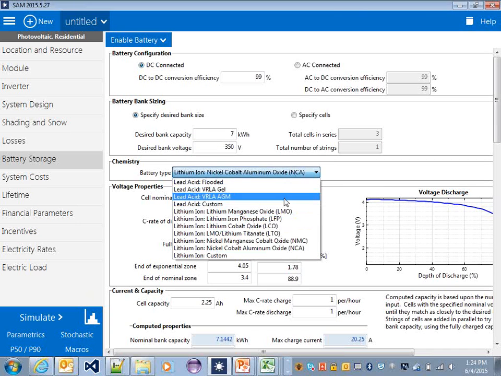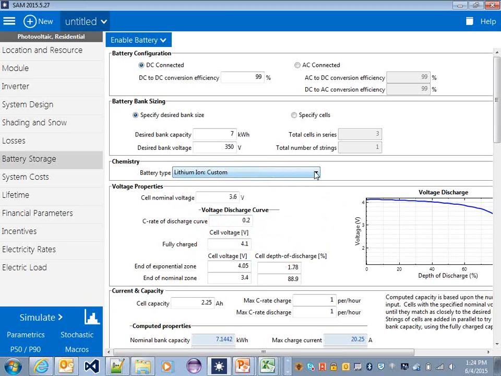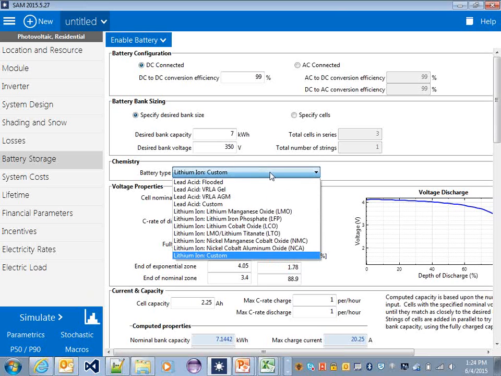The lead acid and lithium-ion custom options will not populate any defaults for you. Regardless of whatever you choose, you can also tailor the model exactly how you want, so you can enter your own values.